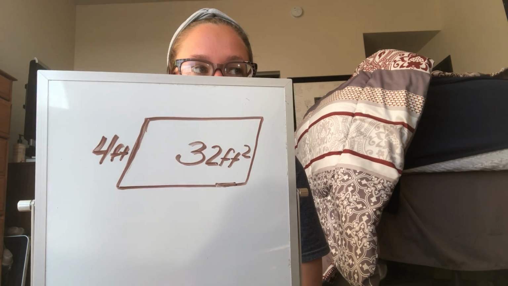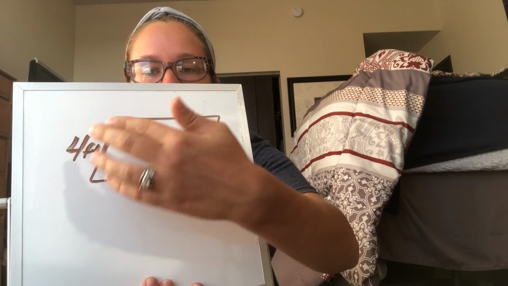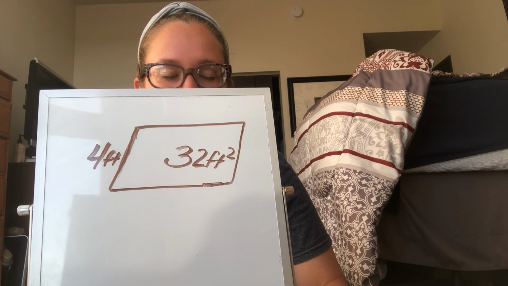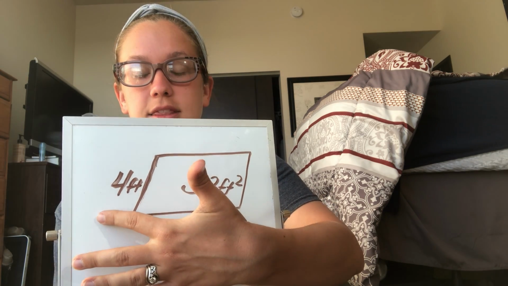So let's do one of those together. So the area is 32 feet squared, and the length is 4 feet. Sorry, this is curved. It's a rectangle. It's just bad drawing. So 32 feet squared is the area, 4 feet is the length.